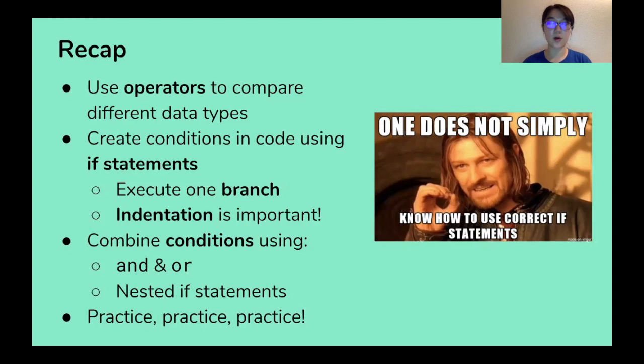And remember, a branch means either an if, an elif, or an else case, right? And when we want to indent our code, we want to indent the code that we're going to be executing whenever we enter into a branch. So make sure to do that, or else you'll run into some errors along the way.